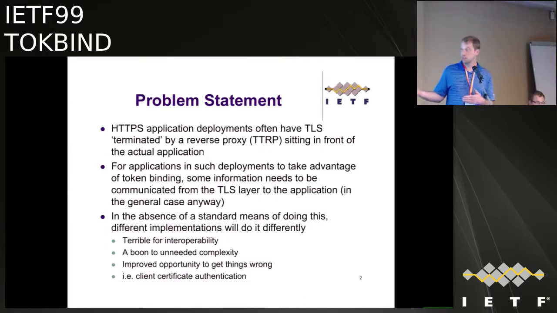An example is the situation we're in currently with client certificate authentication. There are a lot of proxies out there that provide some means of communicating the client certificate to the backend, but they're all a little bit different. That makes application development and deployment with respect to certificate auth behind a front end really difficult, or I might say kind of a pain in the ass.